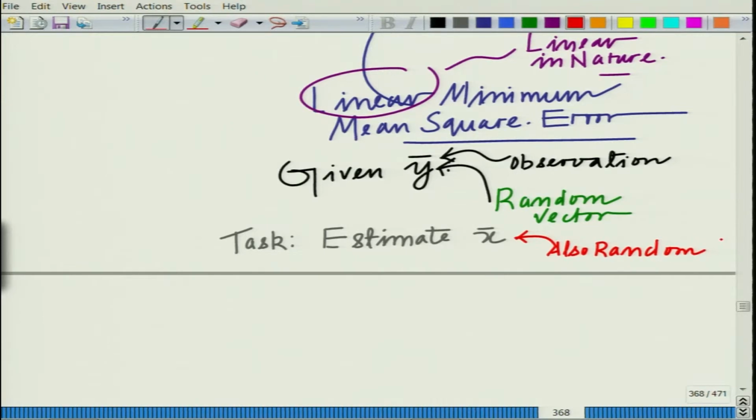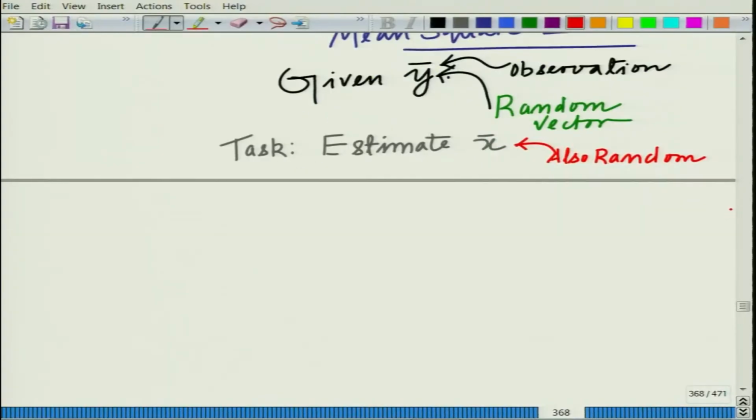That is, x bar essentially is an underlying vector which drives the model. You can think of this as an input to a model, and the output or the observation is y bar, and therefore, naturally we would like to use y bar and determine what is the input x bar that drives this model.